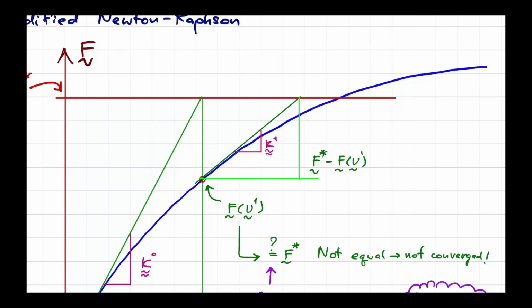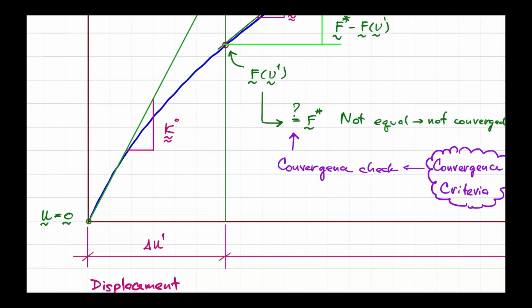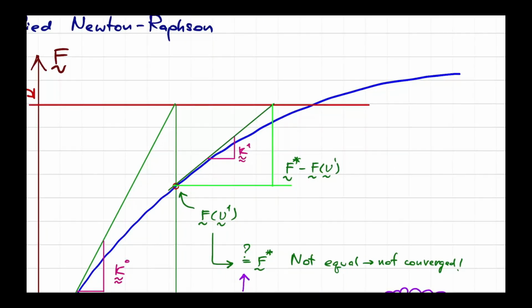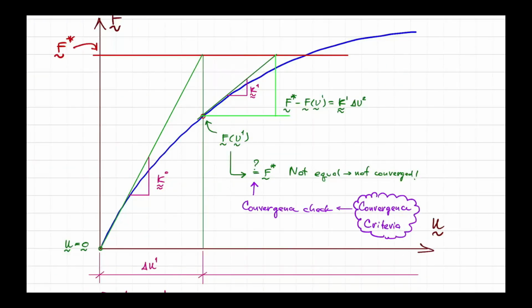This is your new residual, equal to K1 times delta U2. So the line is coming down this way.